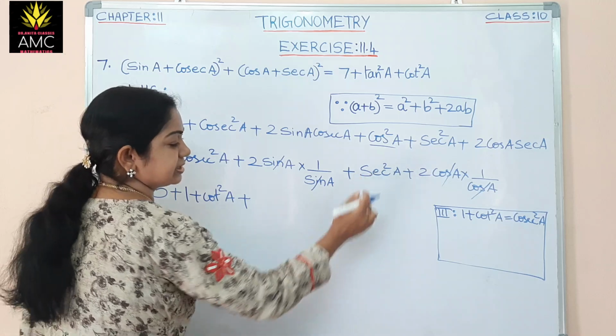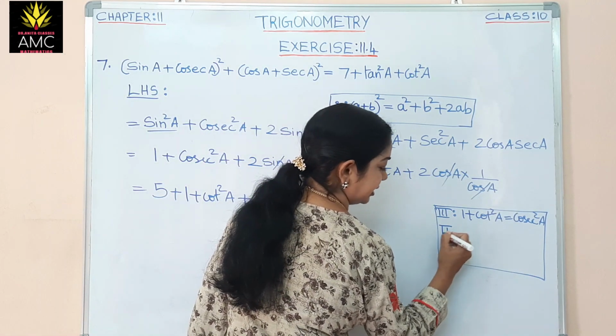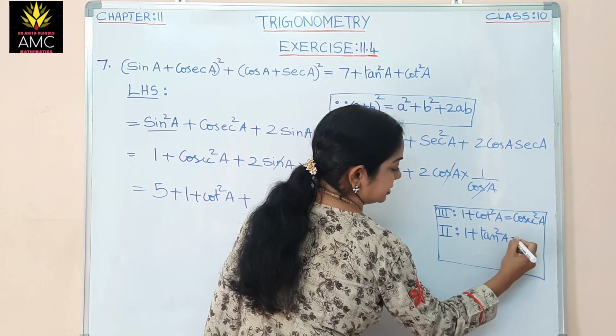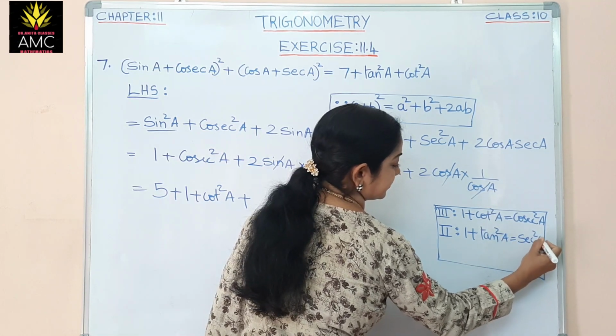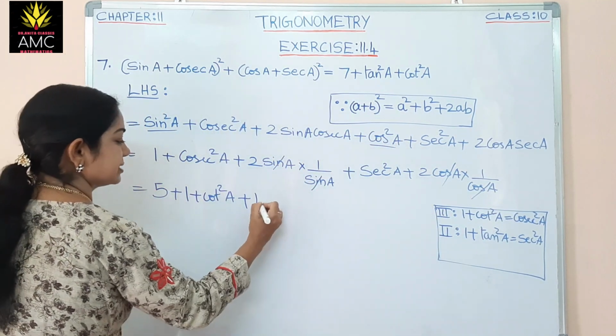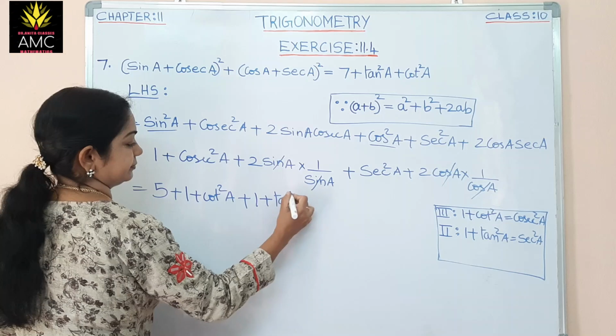And instead of sec² A, according to the second identity, 1 + tan² A is equal to sec² A. So sec² A is 1 + tan² A.